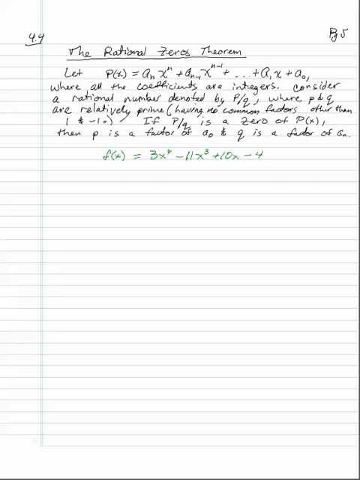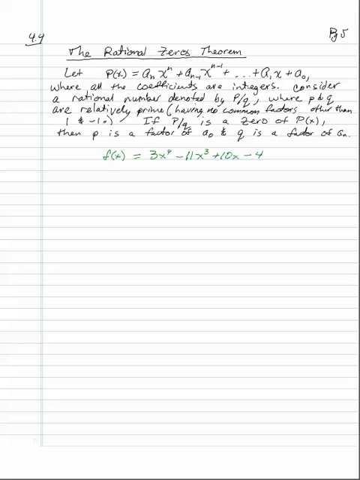So you guess and check until you find something. Well, this theorem is telling us where to start looking. If a zero is a rational number, the only way it's going to be is if it has to be a factor of 4 over 3.